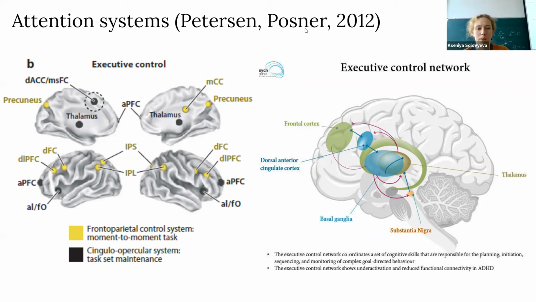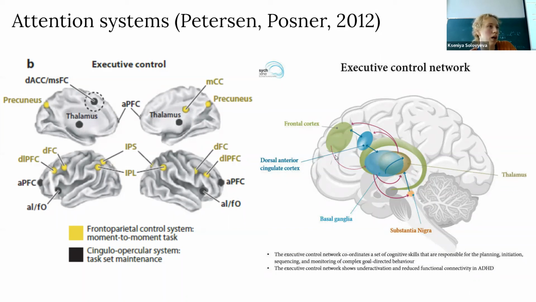And in executive control, one of the most important parts of the system is the frontal cortex, here. It's active when we try to keep in mind some special goal.